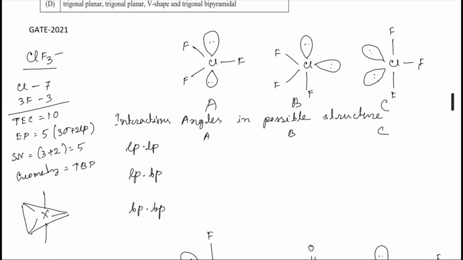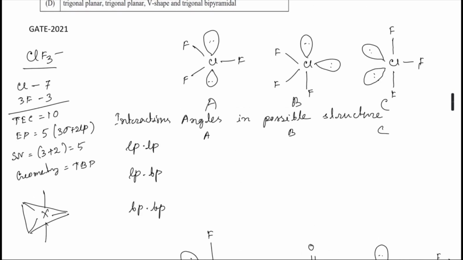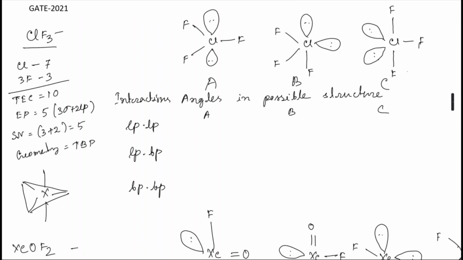Now here 3 combinations are possible, where these 2 lone pairs may both be axial as in A, or both equatorial as in C, or one axial and one equatorial as in B. We'll calculate the lone pair, lone pair and bond pair interactions from these 3 structures, because these interactions determine which structure will be more stable.